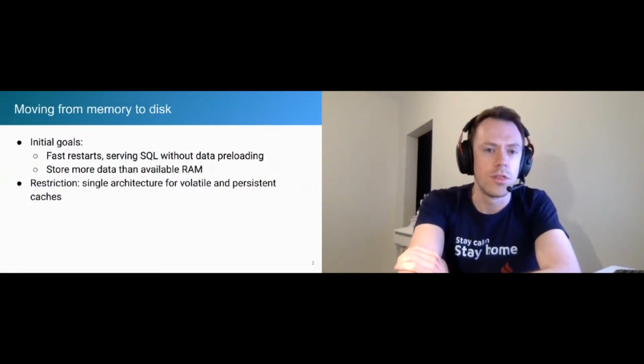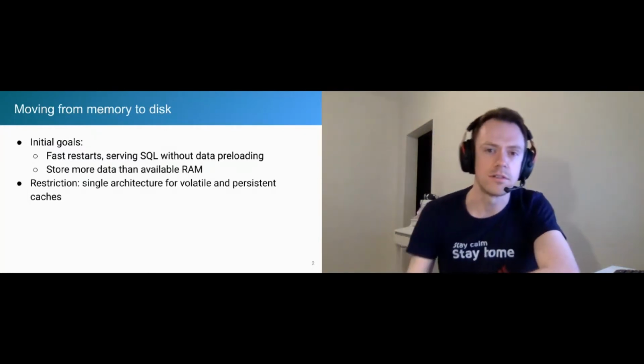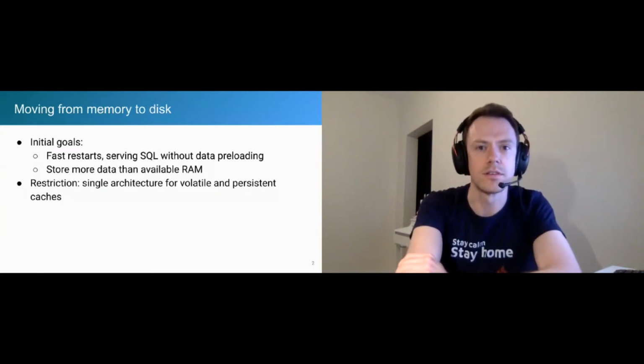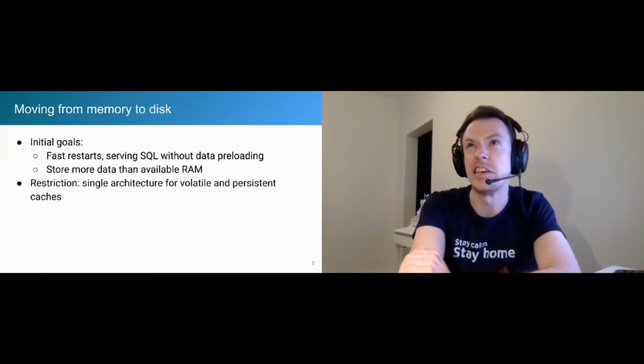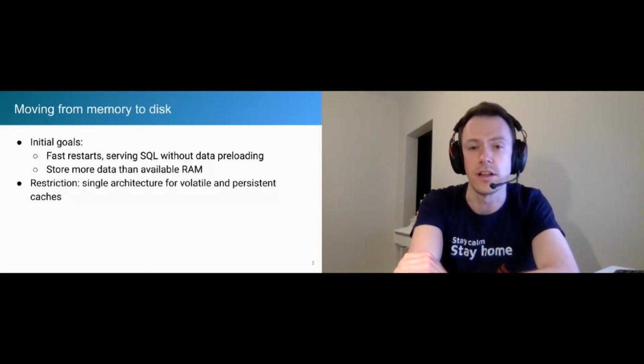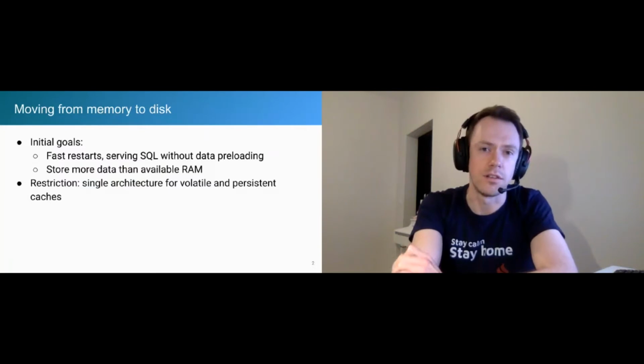So let's start with the goals and why we needed to add persistence to Apache Ignite in the first place. Probably someone may remember, but in Apache Ignite 1.x, there was a feature named persistent file store. This feature provided the ability to store durable data on disk in an Apache Ignite cluster. But it had several downsides.